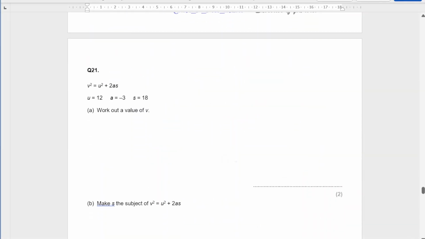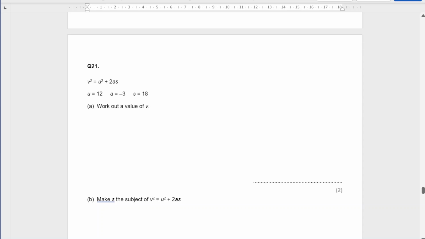Okay, question 21 then. Work out the value of v. So v squared is going to be equal to u squared, which is 12 squared, plus 2 times minus 3 times 18.